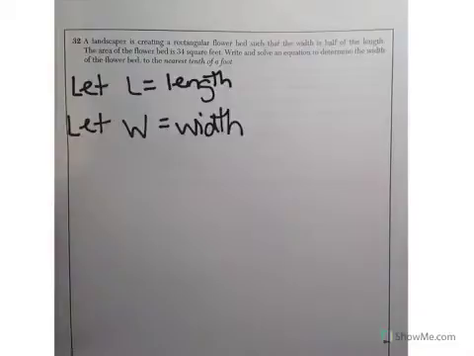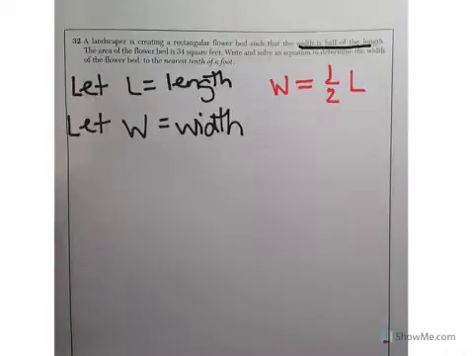Let L equal the length. Let W equal the width. And our first formula says the width is half of the length. So that means W equals 1/2 of the length L. First formula is done.